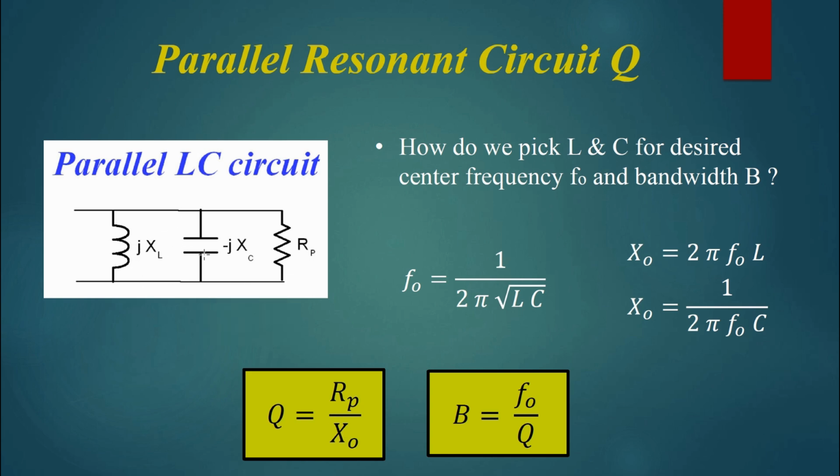They're both the same at the resonant frequency, so I just called it XO, the reactance at the center frequency, F0. The bandwidth is then found, as you probably remember from your school or from Radio Design 101, as the center frequency divided by the Q.